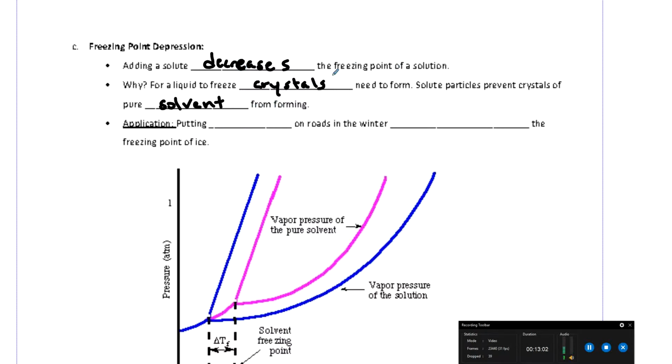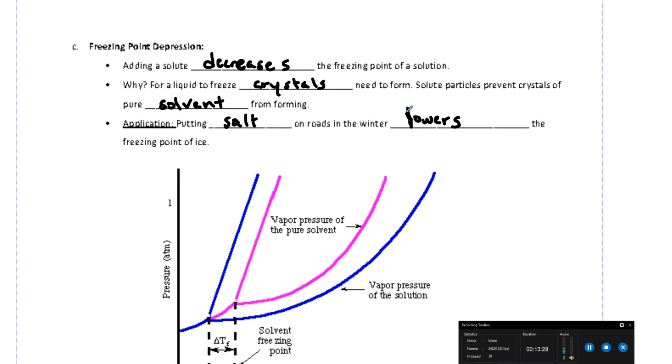So for example, if we're just talking again about water versus salt water, the salt water is going to freeze at a lower temperature than just the pure water. So an application of this is putting salt on roads in the winter lowers the freezing point of ice.